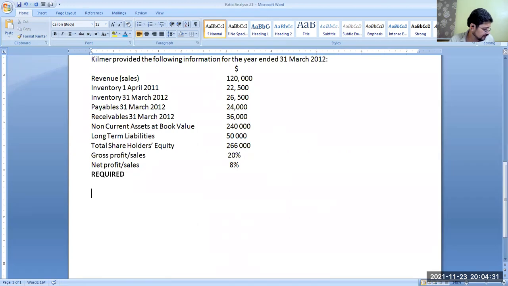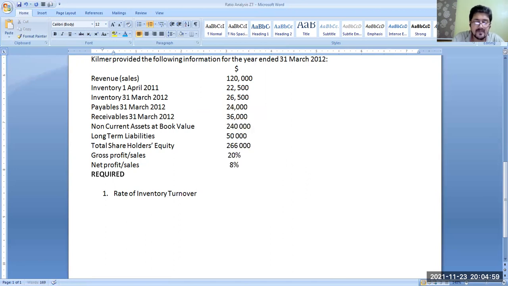The first is rate of inventory turnover.